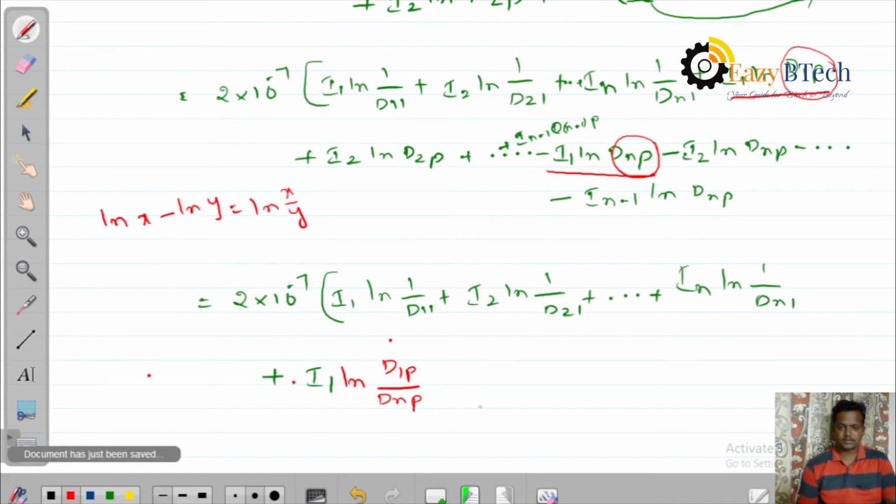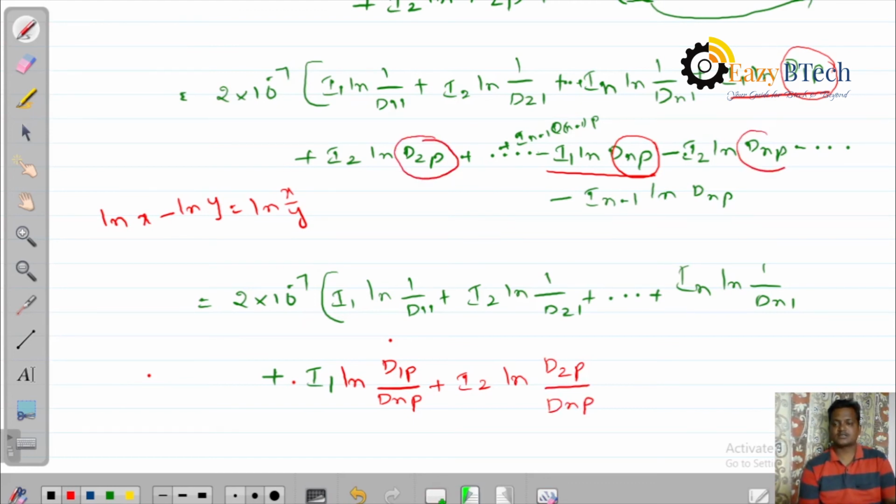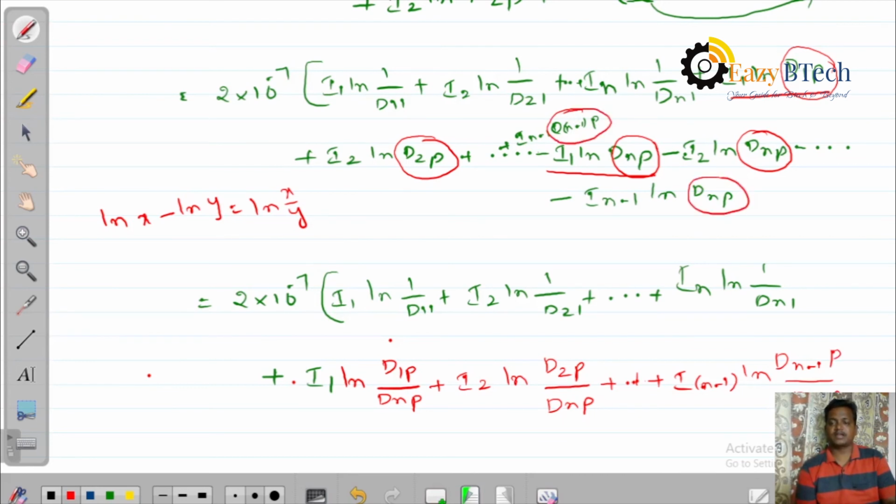Like that, I2 ln d2p divided by dnp, in this expression this is x, this is y. Okay, next plus up to plus I n minus 1 ln d n minus 1 p divided by dnp.